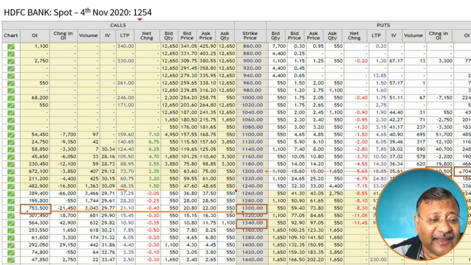We see that the highest open interest is at this point, where the open interest is 7,53,500 and this is at a strike price of 1,300. So this gives us the resistance level. Then let's look at the OTM part of puts, where the highest open interest is here, 7,04,550, and this is at a strike price of 1,200. So automatically this gives us the support level.